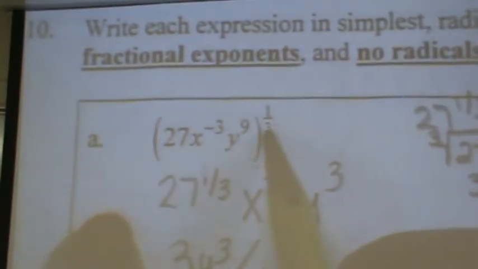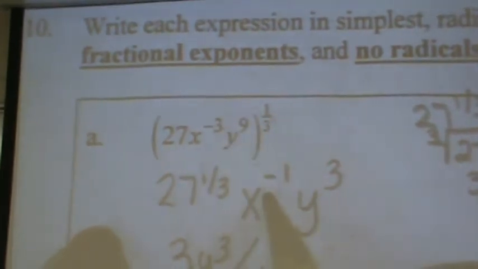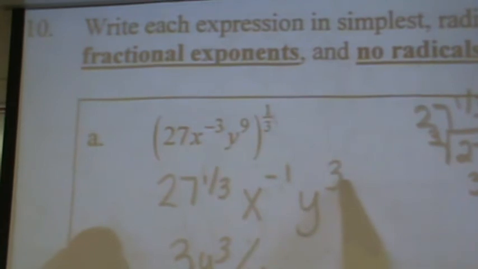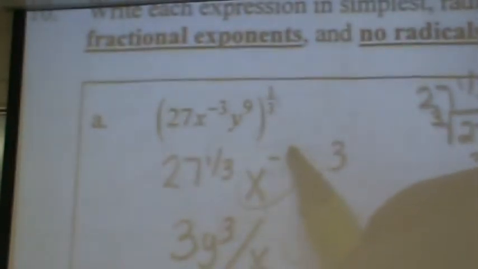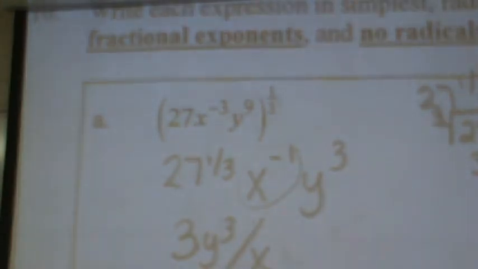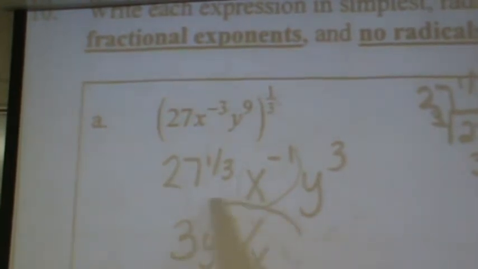Negative 3 and 1/3, you multiply them, and you get negative 1, and then 9 times a third is 3. So now, what I see here is this has to shift down to the denominator to get rid of a negative exponent. So the answer is 3x cubed over x.